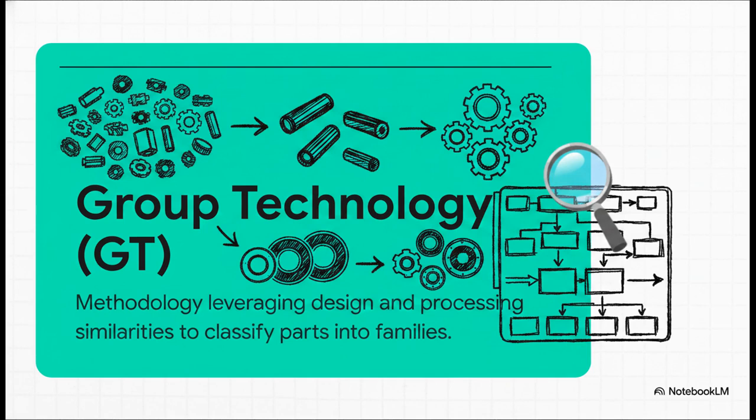GT is all about spotting the similarities. Imagine a factory turning out 3,000 different unique parts. By analyzing them, they might suddenly realize, wait, 90% of these parts actually just fall into 5 major families, like a family of shafts or a family of seals. By classifying parts into these families based on design or manufacturing steps, factories can finally stop treating every single piece like a unique snowflake and start standardizing the flow.